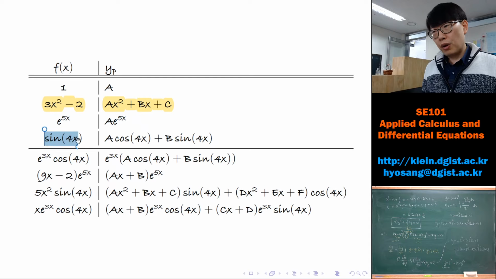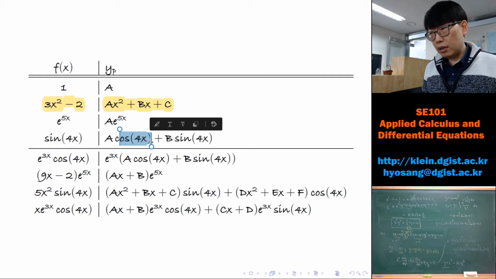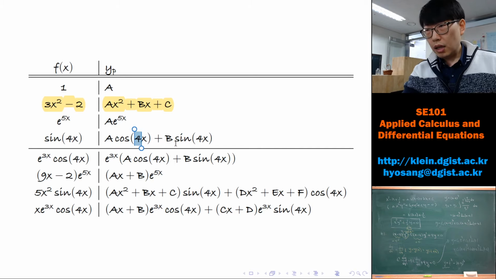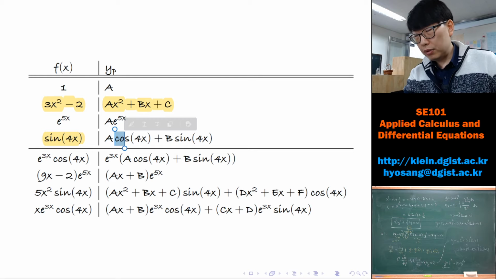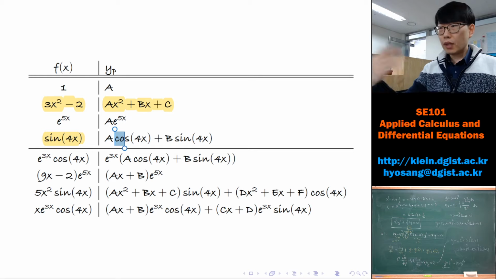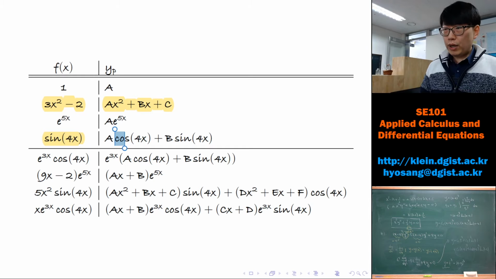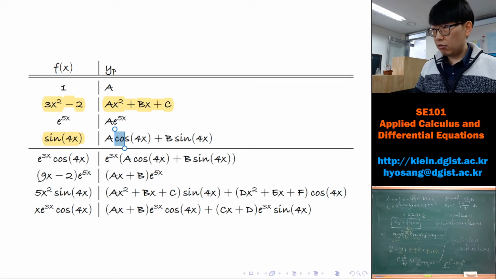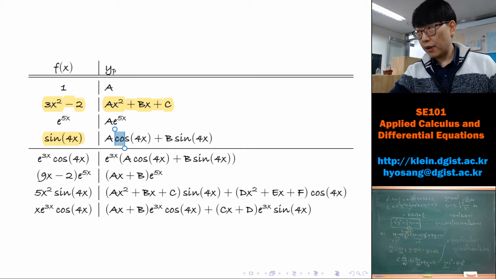And if you have a sine function or cosine function with a coefficient inside, then you have the same sine or cosine with the same coefficient here. But another important thing is that even though you only have sine inside the function f, you have to guess cosine and sine. The reason why you have to guess both is that although sine and cosine are linearly independent, when you take a derivative, cosine becomes sine and sine becomes cosine, and we are trying to solve for the function satisfying the differential equation.